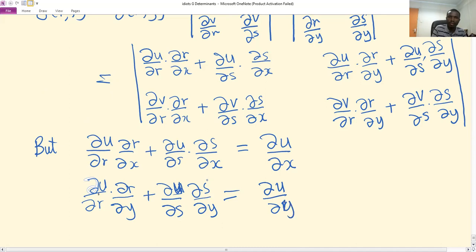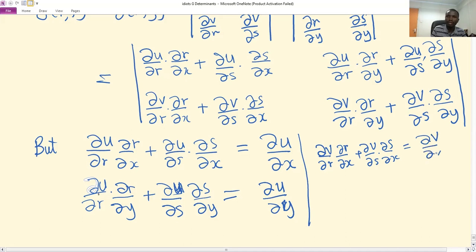Then partial v partial r times partial r partial x plus partial v partial s times partial s partial x is the chain rule definition of partial v partial x.